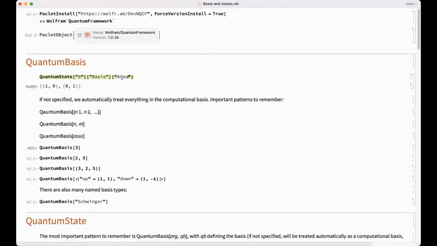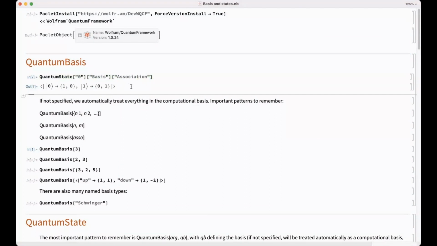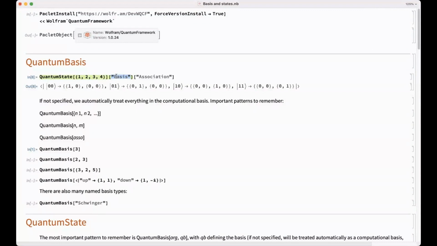Maybe a more convenient property would be to see an association of the ket with its representation. So, for example, if you had some arbitrary state and you give it 4 numbers, it's going to automatically have a two-dimensional basis underneath. So there are going to be 4 representations, one for each individual two-dimensional ket, right? Okay.